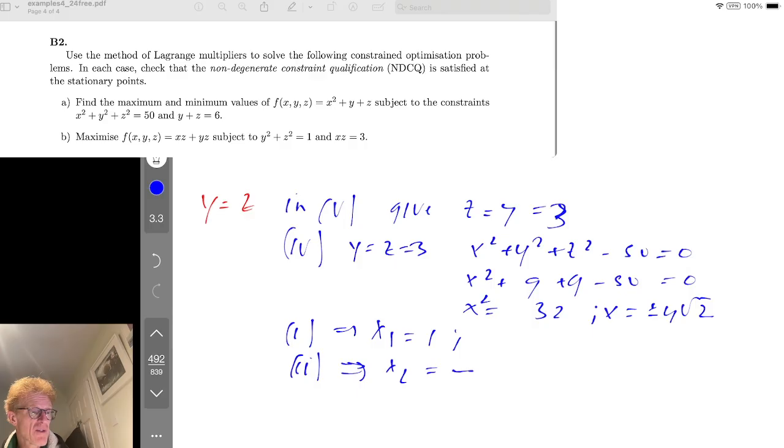Is it right? Minus 5, that's correct. So we get as extra points plus or minus 4 square root of 2, 3, 3, 1 minus 5. So those are the ones.